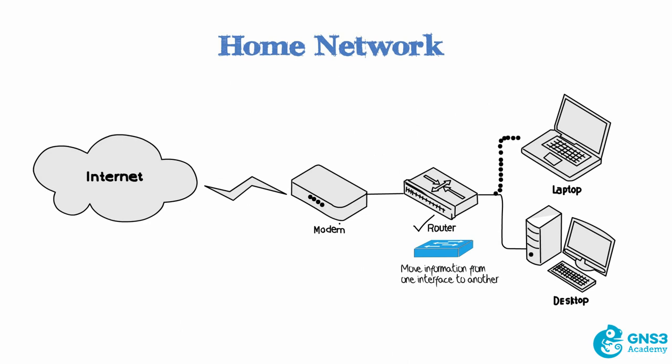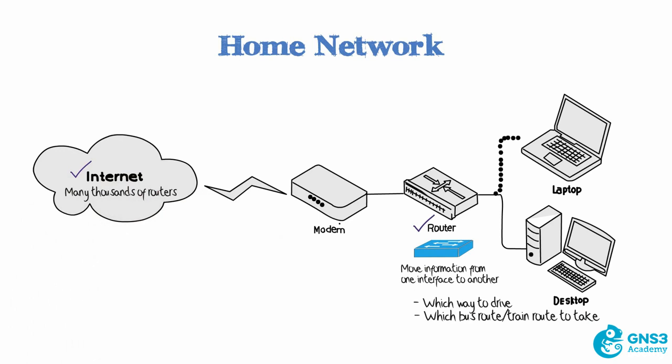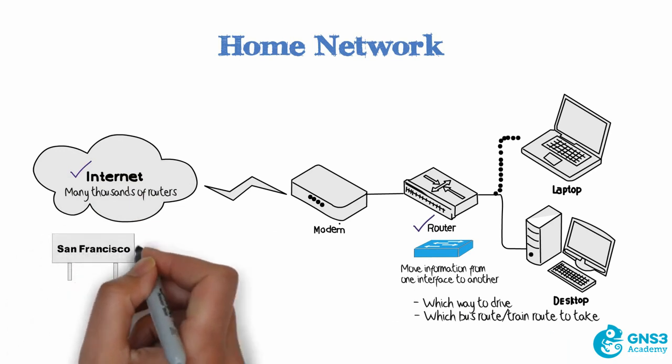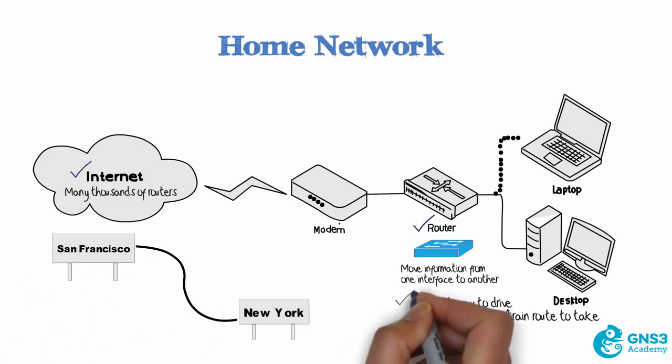In the same way as you may make decisions every day about which way to drive or which bus route or train route to take, routers make decisions based on some kind of criteria to determine the best path to a destination. The internet consists of many thousands of routers that are making decisions all the time about the best path or route to a destination. If you were driving from San Francisco to New York, you would make a decision on which way to drive.